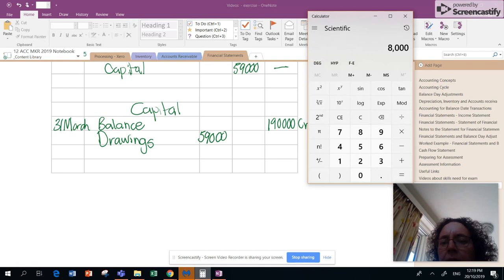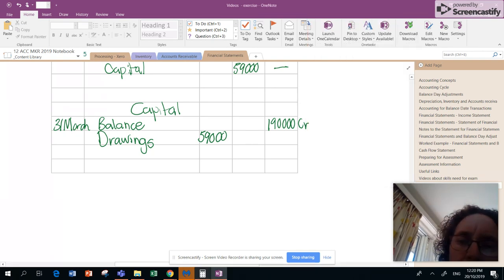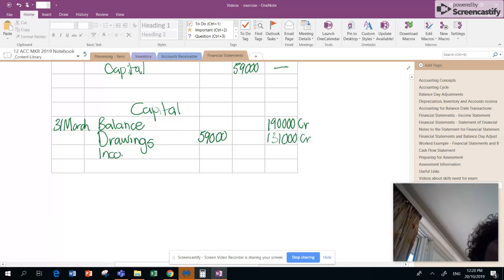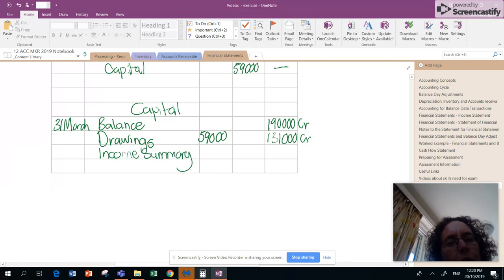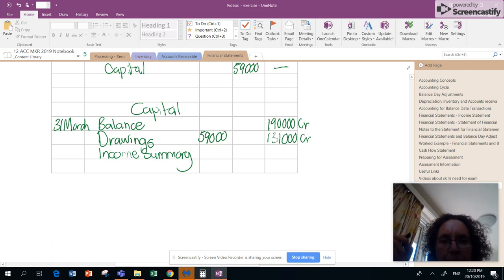And we work it out. So we're going to do 190,000 minus 59,000 is 131,000. And remember, when we did the journal entries, we closed off income summary. Because I don't know whether this is a debit or credit, I'm just going to put that in just to remind you that capital would have income summary closed off to it as well.